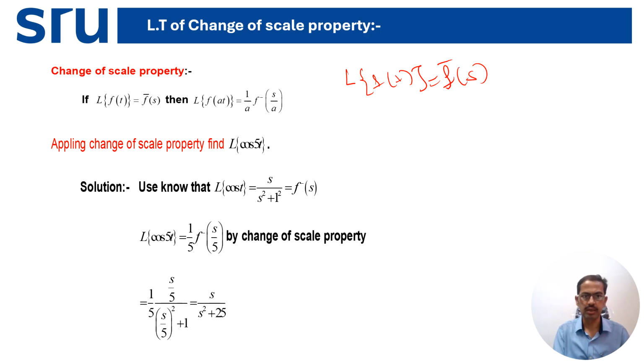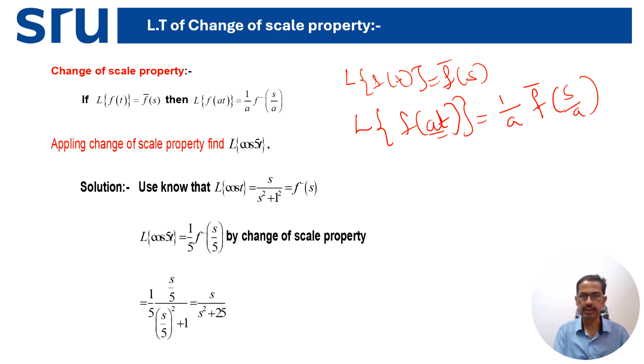Now the Laplace transform of f of at, in place of t, at: the scale is changed, t is replaced by at here. So that is 1 by a into f bar of s by a, because here in place of t we have at. This is the change of scale property.